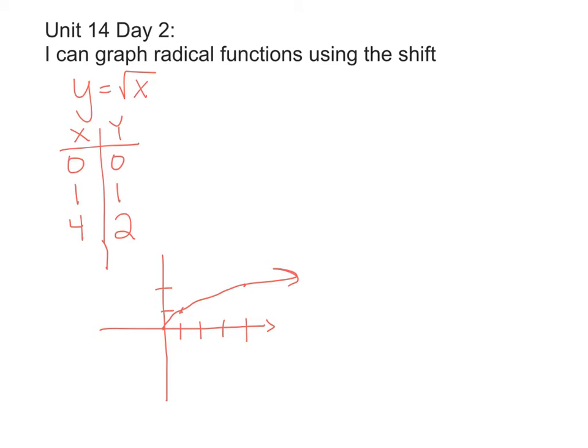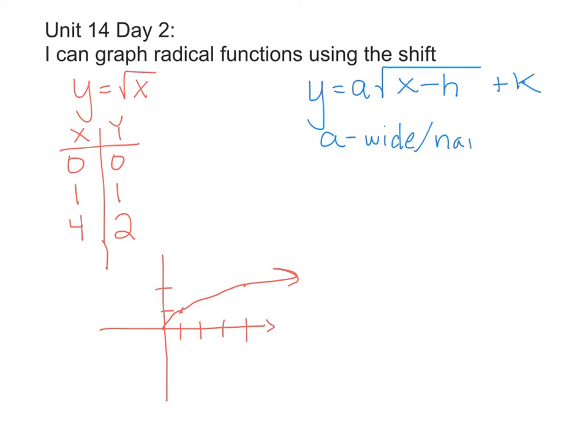We are going to talk about shifting. So the standard form of a radical is y equals a times the square root of x minus h, plus k. As you can guess, each of these things does something. A makes it wide or narrow, like skinny or fat. Also open up or down.